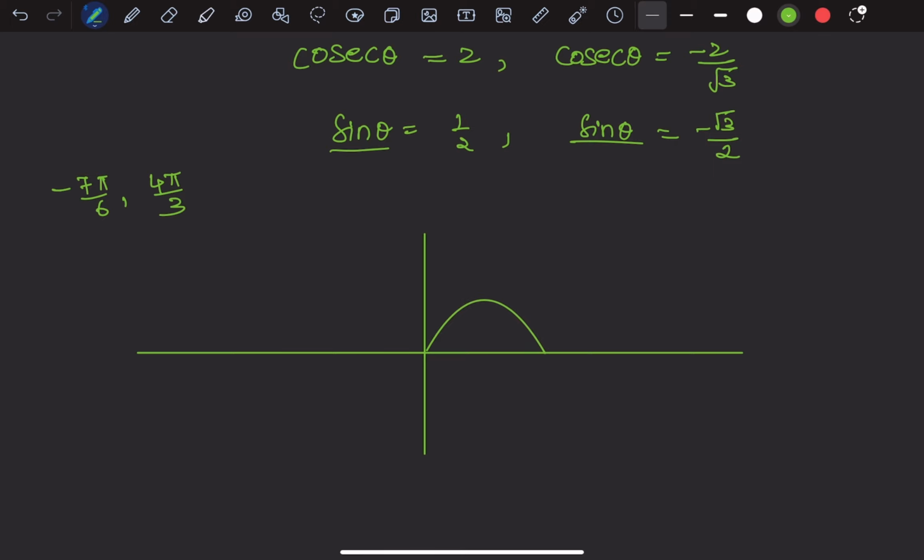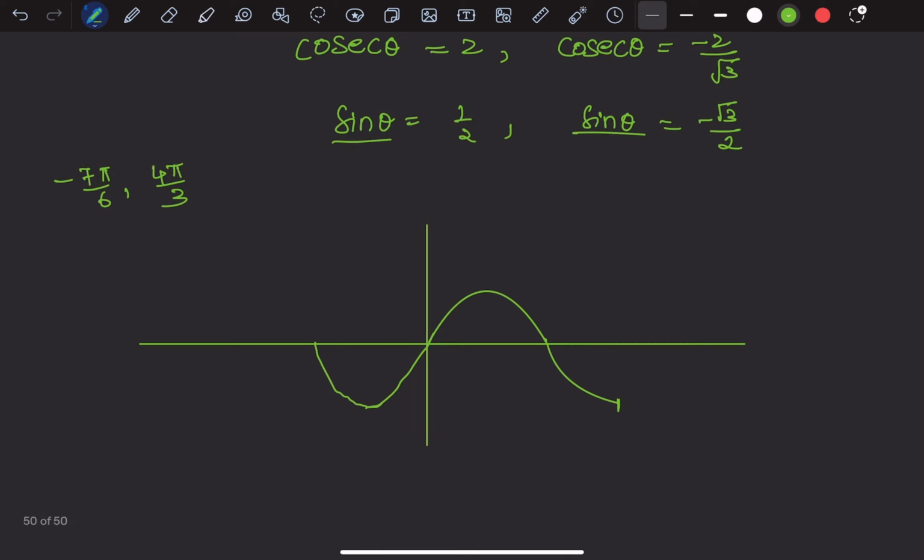Now your 4 pi by 3 will be somewhere here. Alright, now this is your minus pi, and minus 7 pi by 6 will be somewhere here.